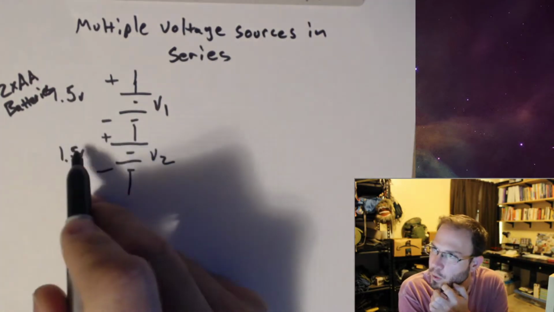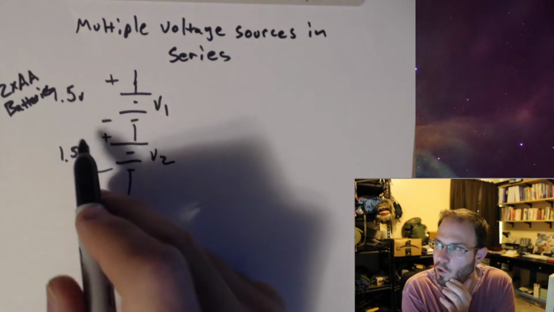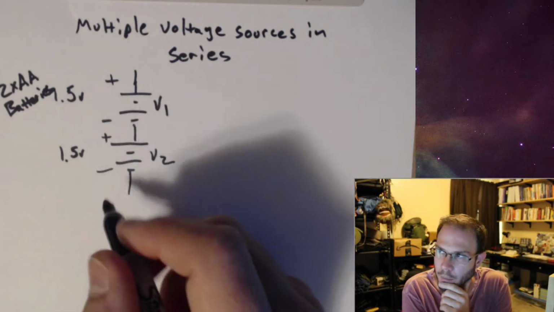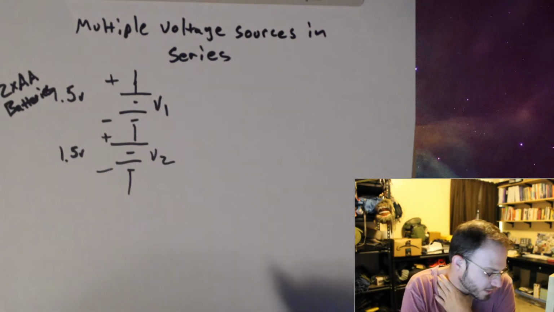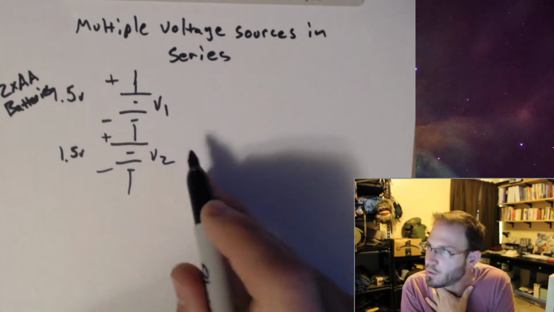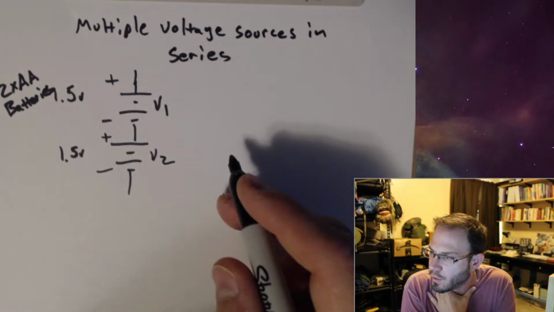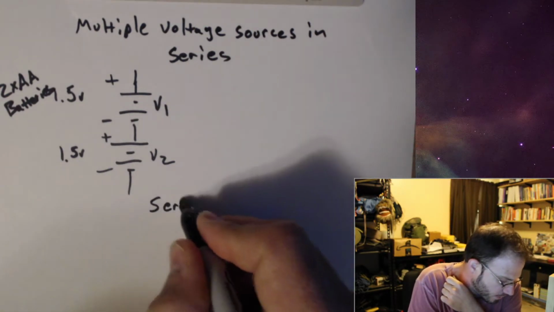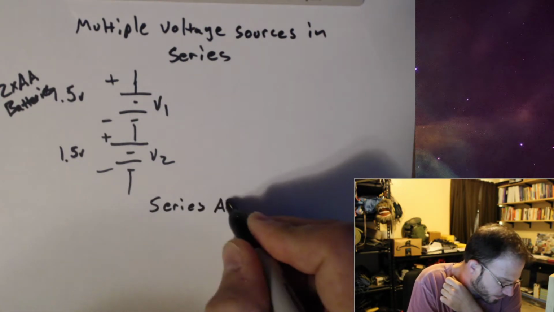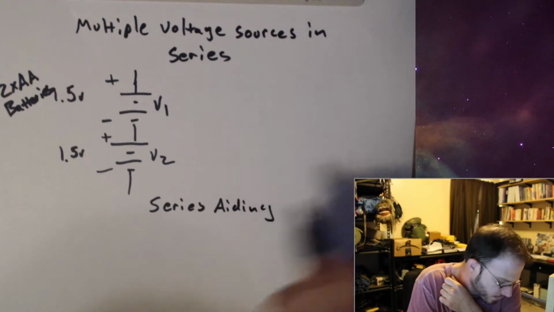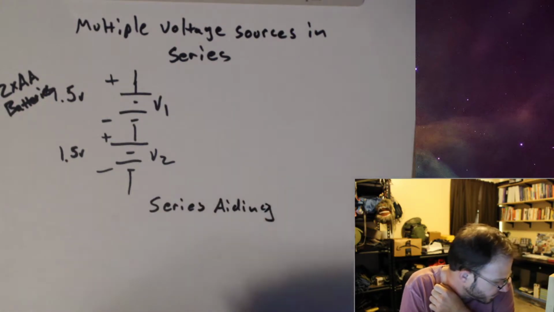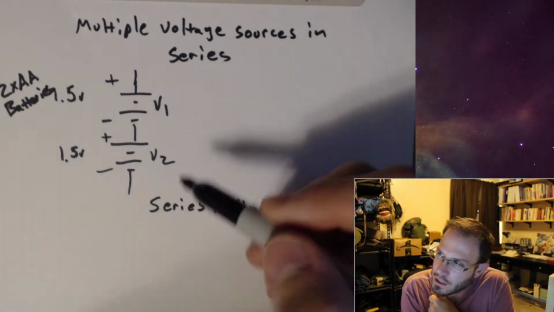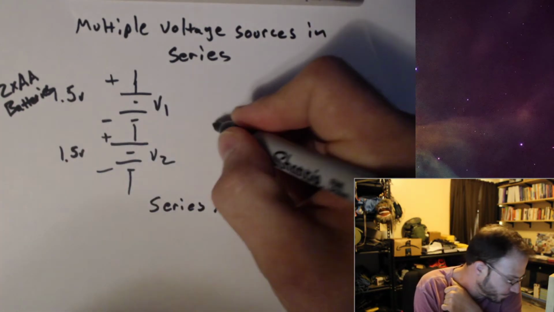They want a higher voltage, and each battery can only produce 1.5. So they put them in series, and when we do this, it is referred to as series aiding. The reason they call it aiding is because both of these voltages are going to add up.